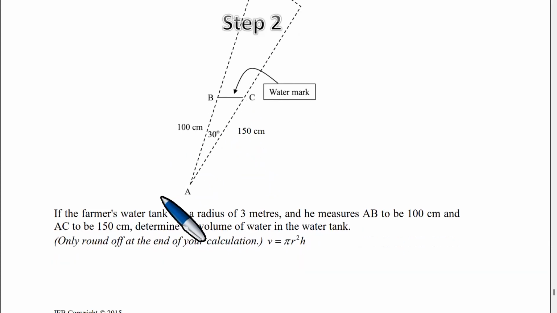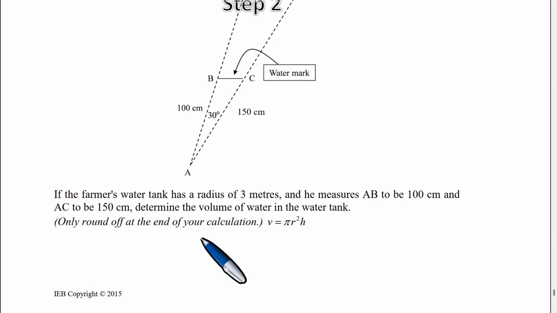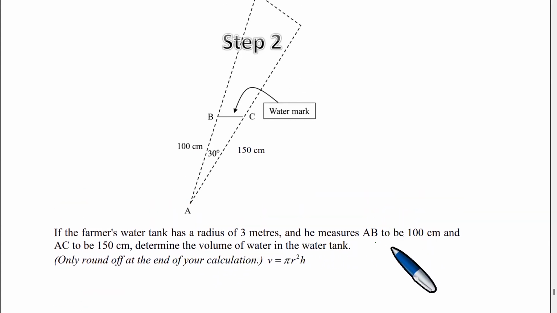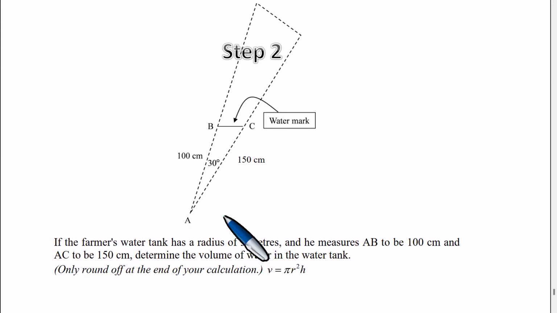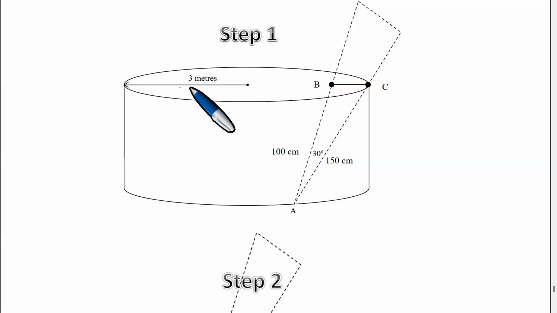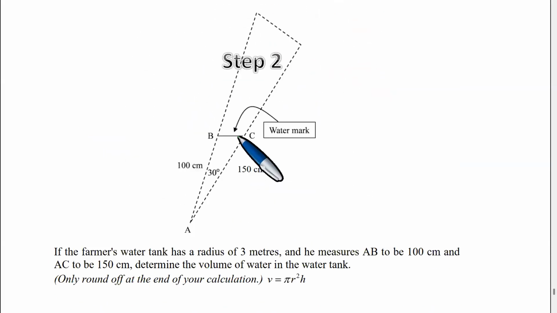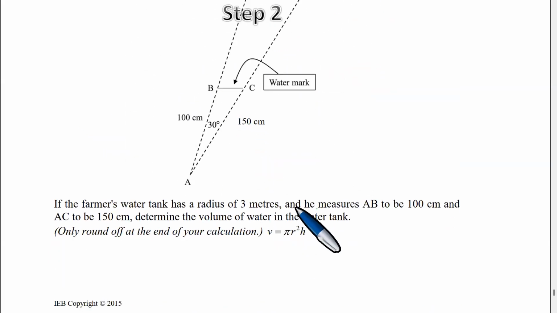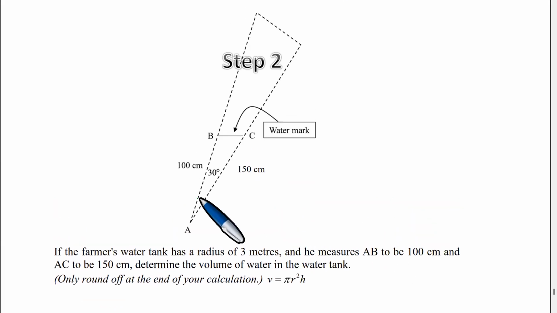Right, so if the farmer's water tank has a radius of 3 meters, and he measures AB to be 100 centimeters and AC to be 150 centimeters.